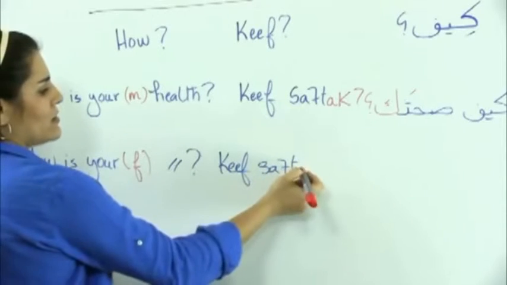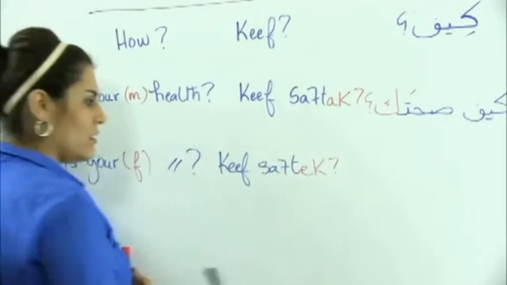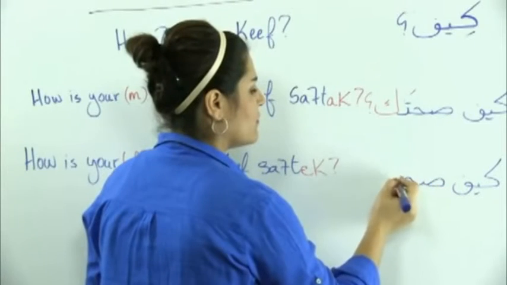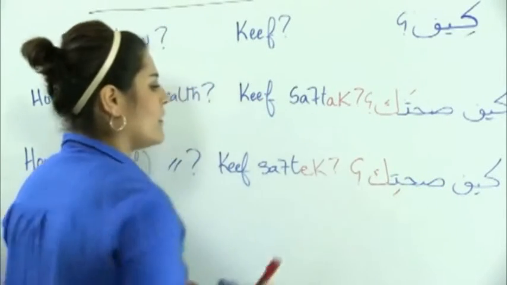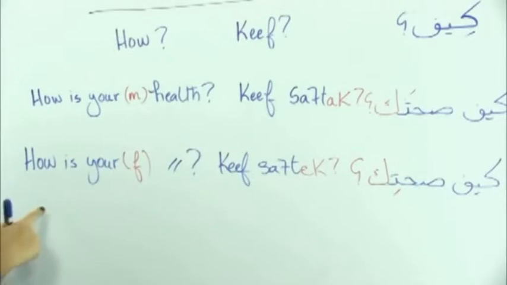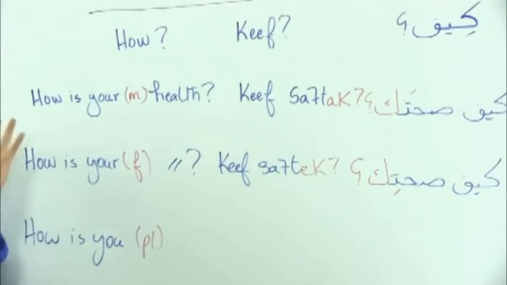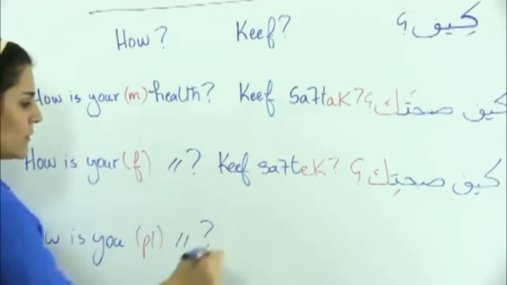When I say your, feminine, I say كيف صحتك, and in Arabic كيف and then tik. Okay. Now the last one is how is your health, and I'm talking to a group. I'm saying, how are you, like guys, how is your health?